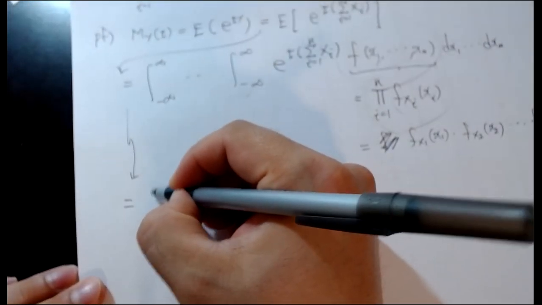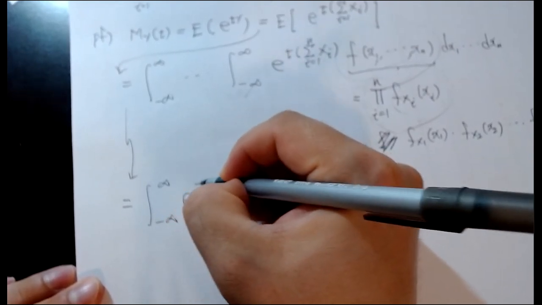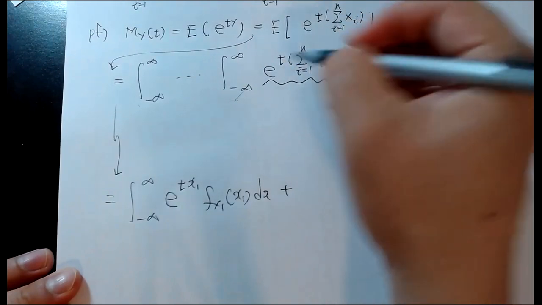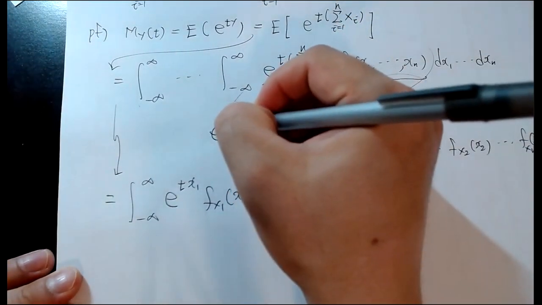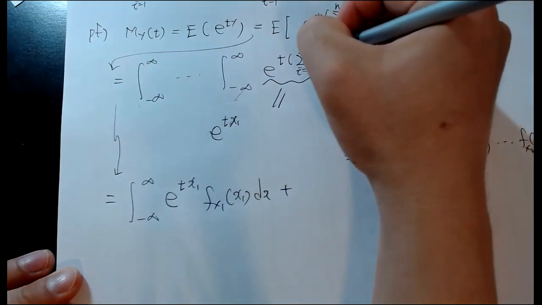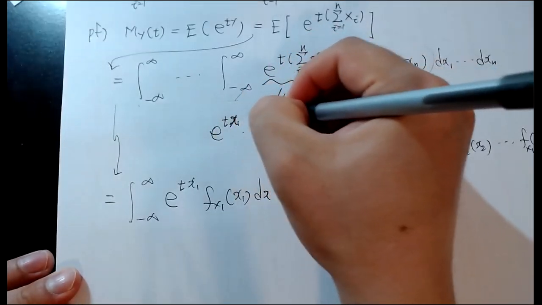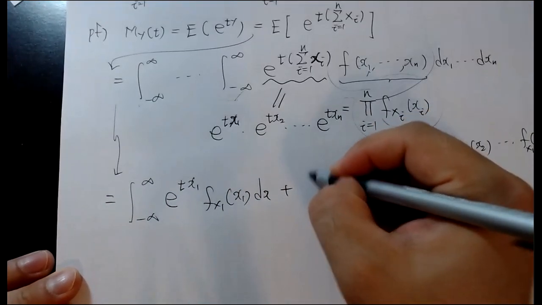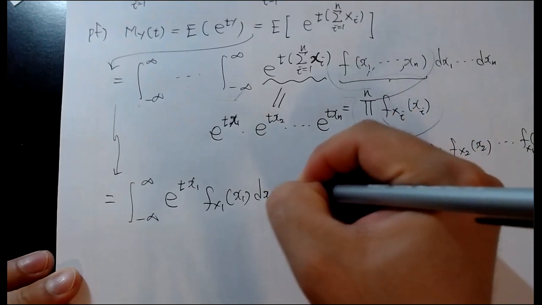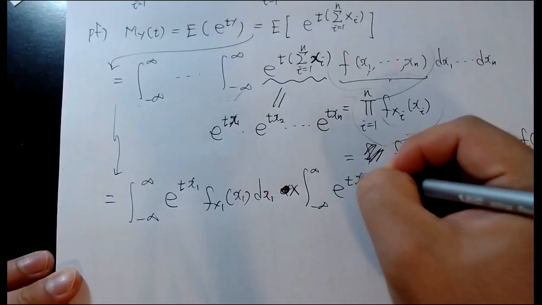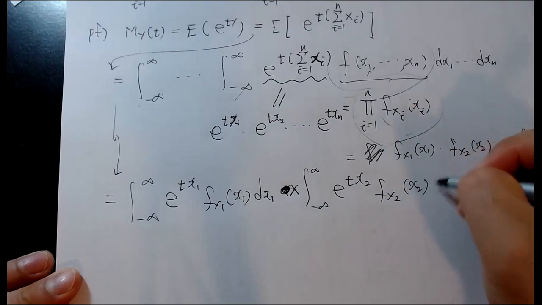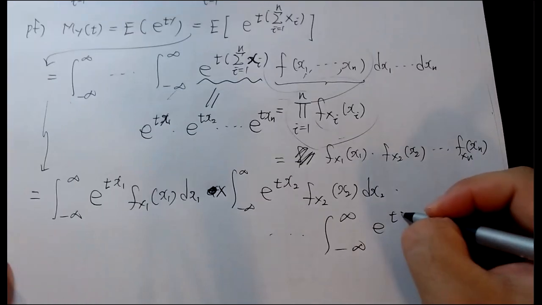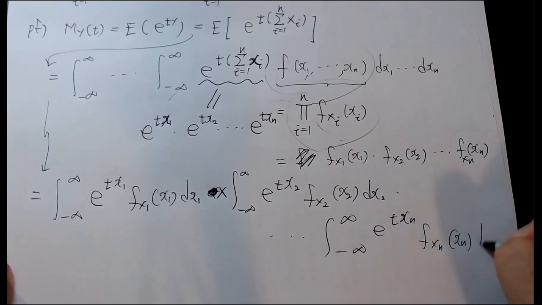So that is equal to the integral from negative infinity to infinity of e to the t times x1 times f_X1(x1) dx1, multiplied by e to the t times x2 times f_X2(x2) dx2, through the integral from negative infinity to infinity of e to the t times xn times f_Xn(xn) dxn. It should be lowercase x, and it is multiplication, not plus.